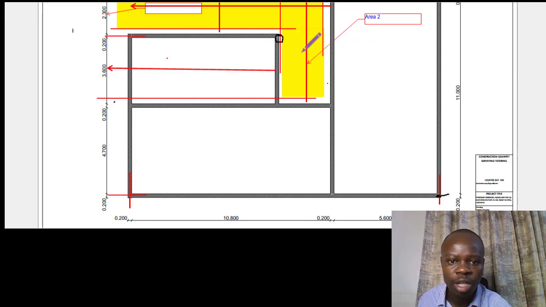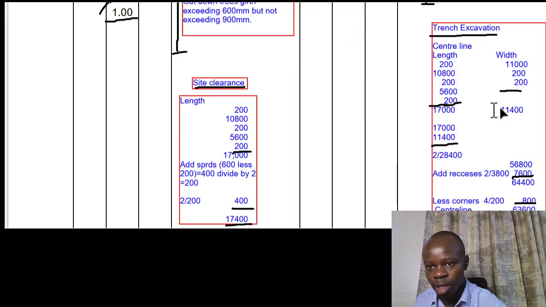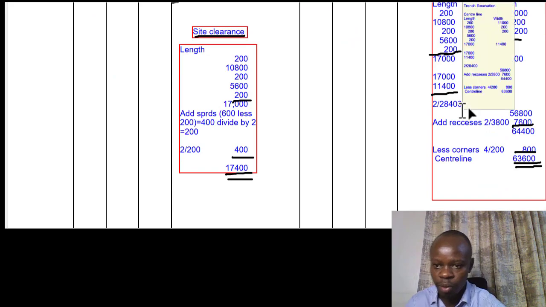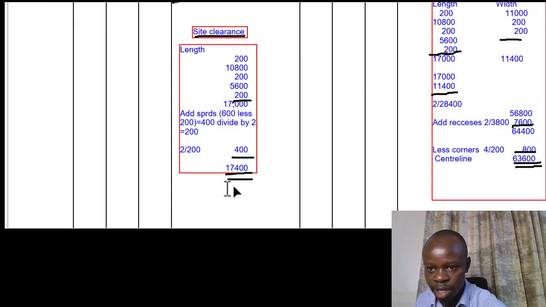So we have 3600 plus 200 times 2. That's going to give us the perimeter from the external faces of that particular wall. Then we less the corners. When we less the corners, that is supposed to give us what we need as the center line of that particular working. So for today, we've just done our explanation for the center line.